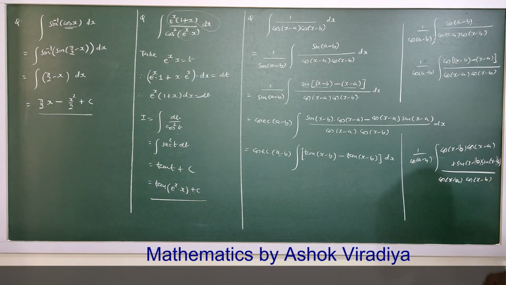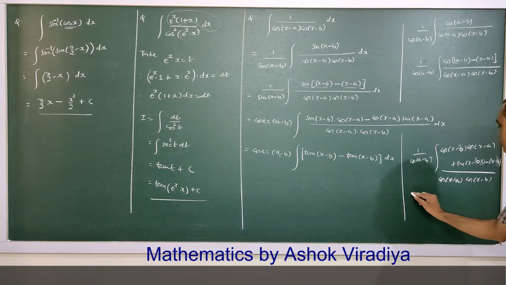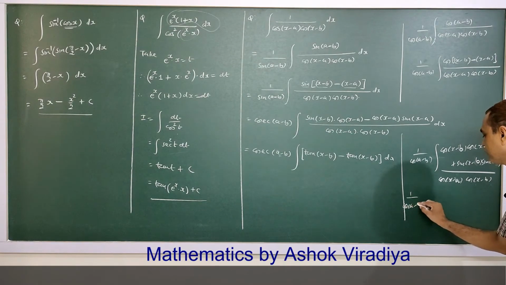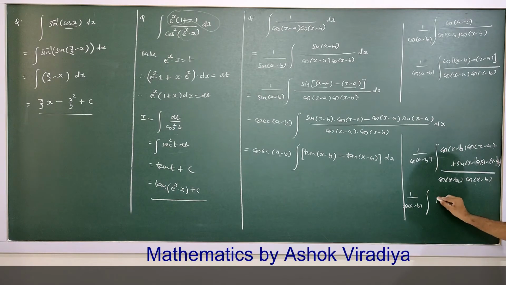Then see what the problem will be. Dividing the first term, you will have 1 upon cos of a minus b. This number upon this number will be 1. No problem in 1, we can integrate 1, but the problem will be in the second term.